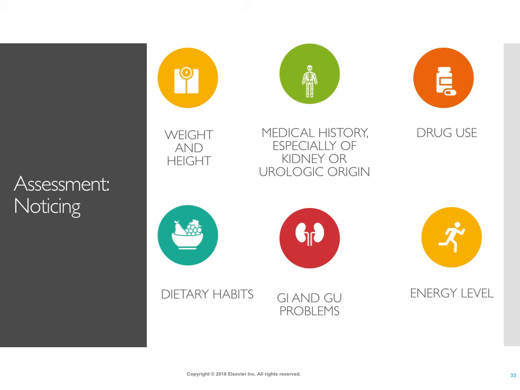So some of the things that we're going to do when we do assessment is to look at weight and height. Weight gain can indicate fluid retention, and weight loss may be the result of anorexia from the uremia. So we want to know what their regular weight is and compare it to the weight that we're finding. The other thing is with osteopenia, we may see height changes as well, which is why we want to document both.